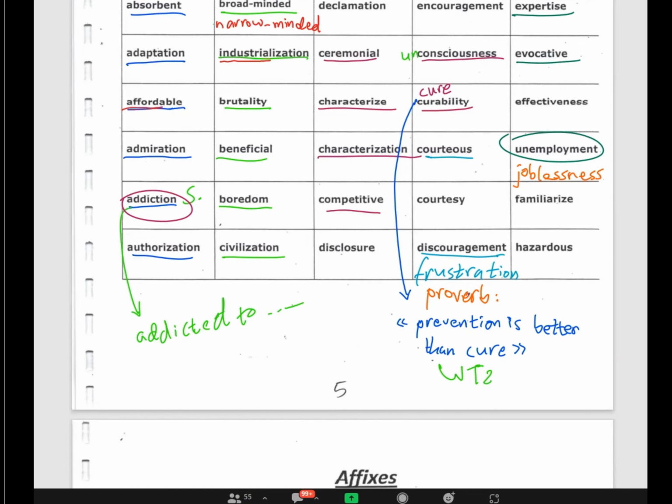Jobless means he has no job. So joblessness is the noun. This can be a question in writing task 2 about the causes and effects of unemployment. What are the causes and effects? So, what are some causes of unemployment, as you think?